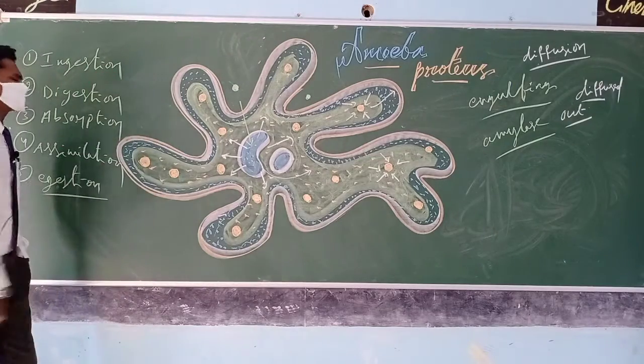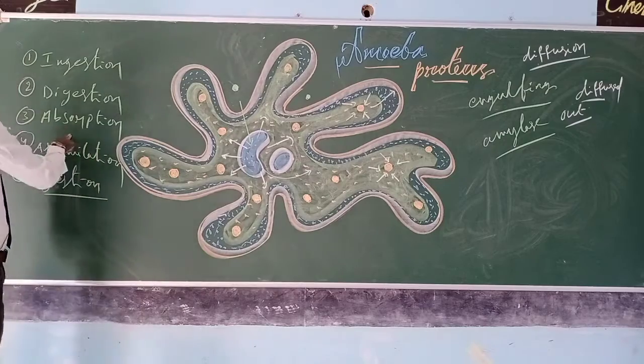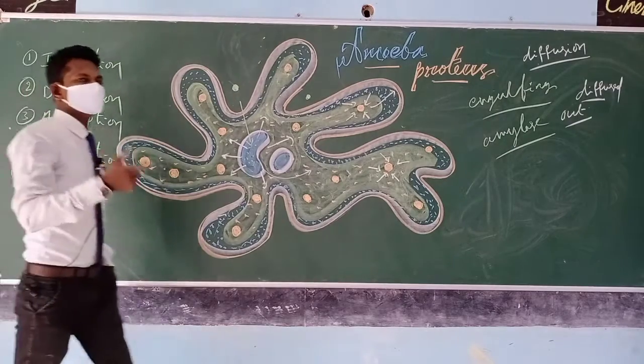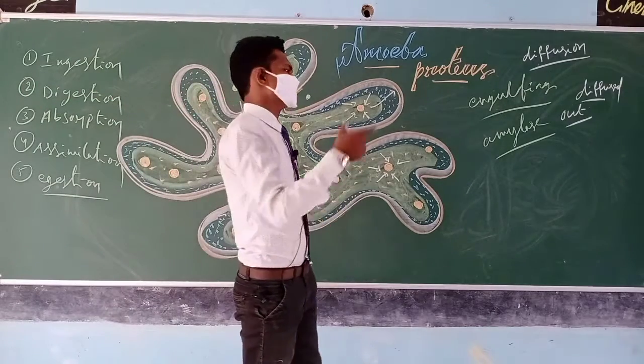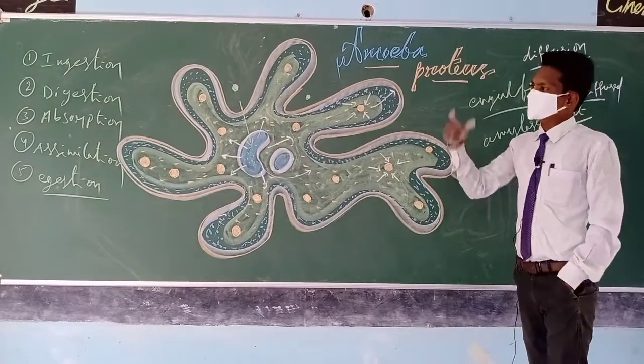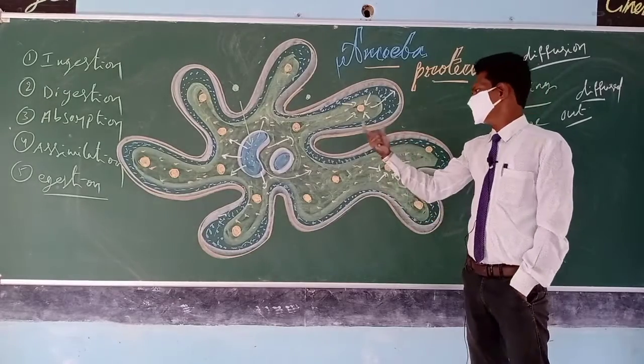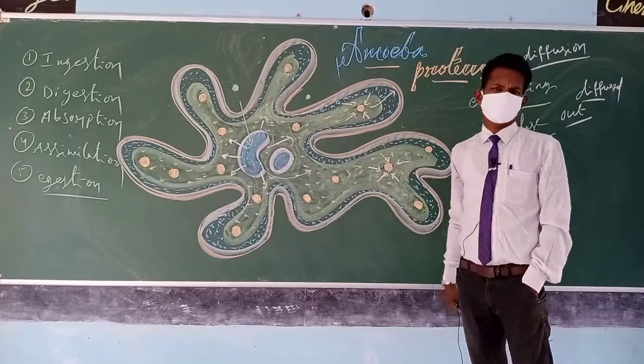In the sense that all these steps are involved, but the parts involved in these steps are various, and the time period, the number of chemical reactions and their range are also highly complex and vary from the amoeba.